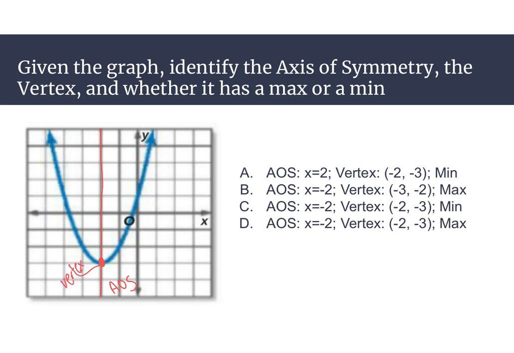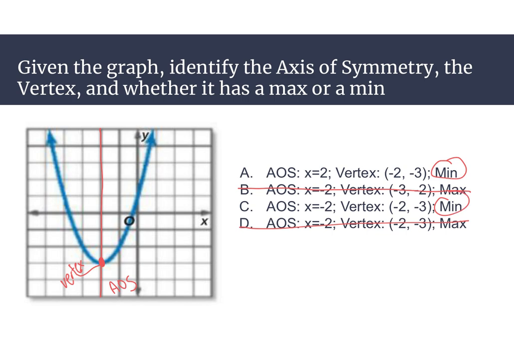And because that is the lowest point, it must be a min. So already I can eliminate B and D as answer choices because those are talking about max. So there is only a minimum point so far. And I just need to decide which one works.